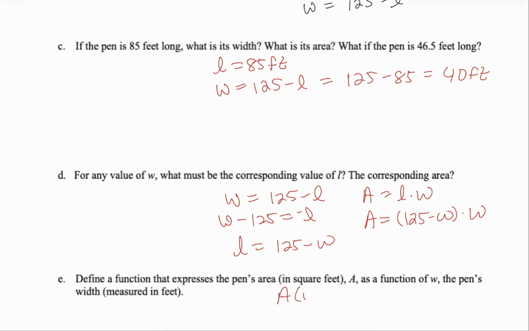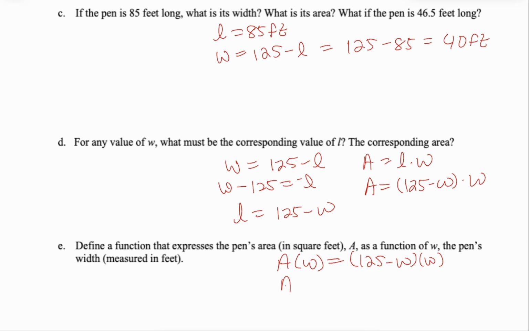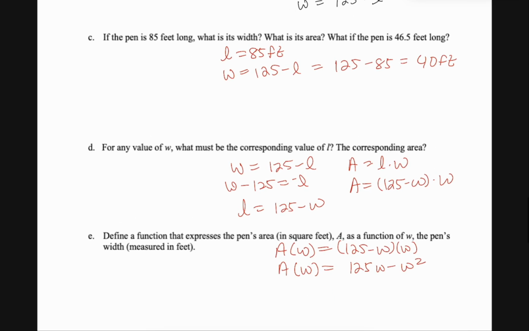A of W equals 125 minus W times W. Now, if we actually multiply that out, we would get 125W minus W squared. Okay?